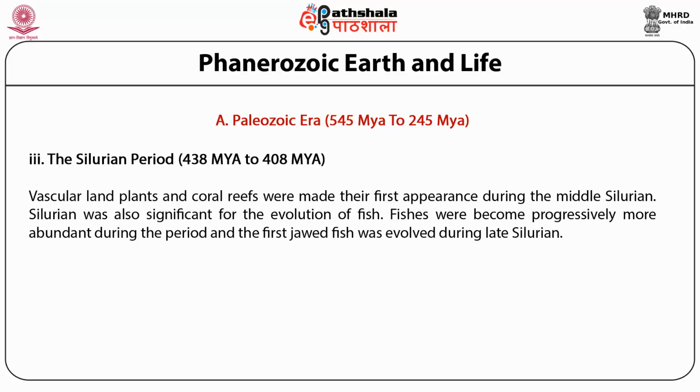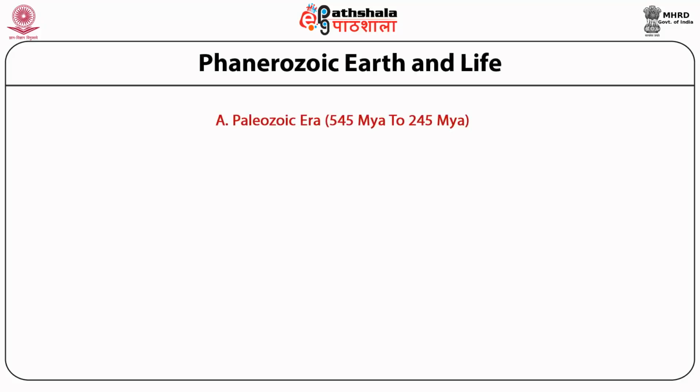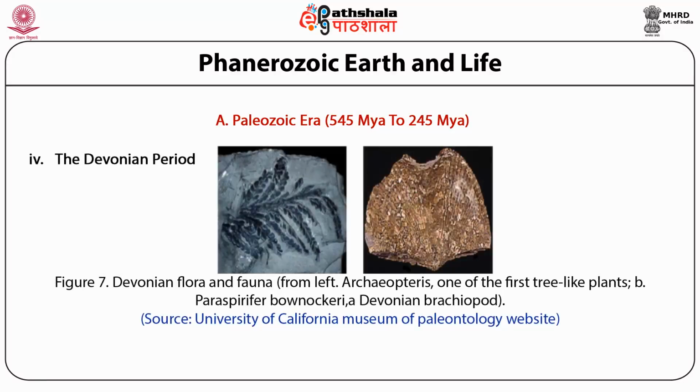Next is Devonian. The Devonian period dated between 408 million years ago to about 360 million years ago, and was marked by diversification of vertebrates.